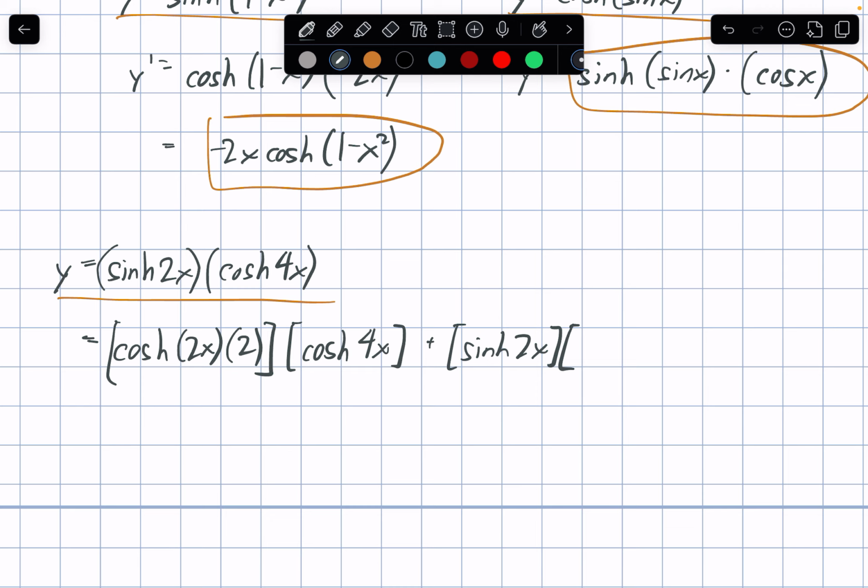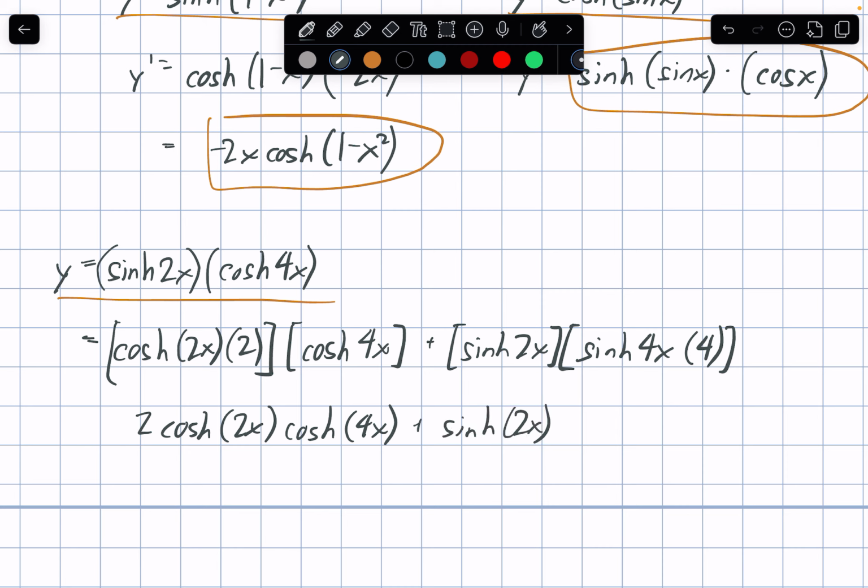And then the derivative of g of x. So 2 cosh 2x cosh 4x plus sinh 2x sinh 4x. I think that's it. This is it.